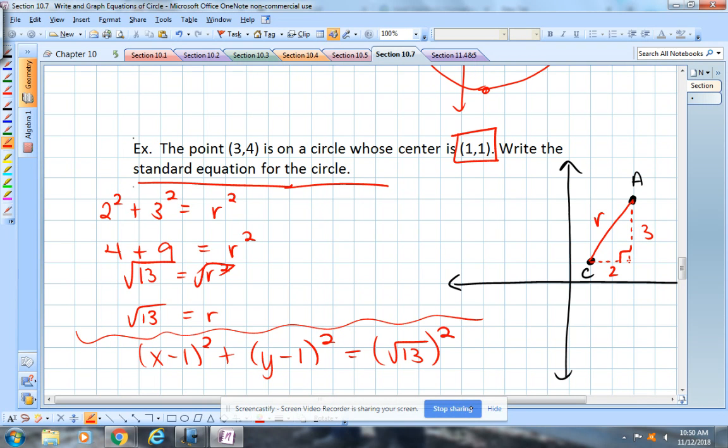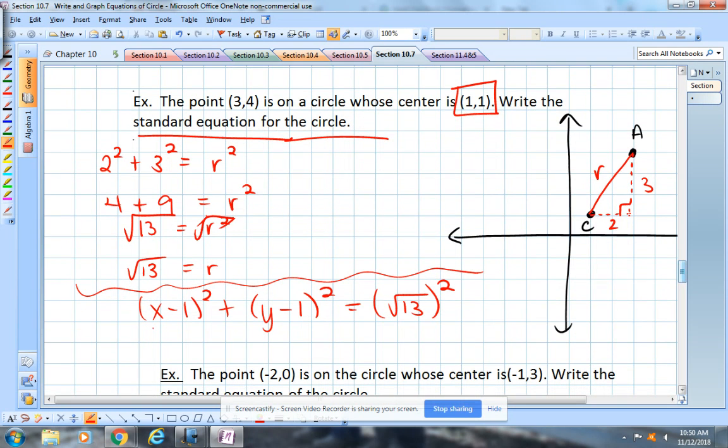And all I have to simplify is radical 13 squared. And what is radical 13 squared? 13. So my equation of my circle is x minus 1 squared plus y minus 1 squared equals 13. Because that 13 is the radius squared.